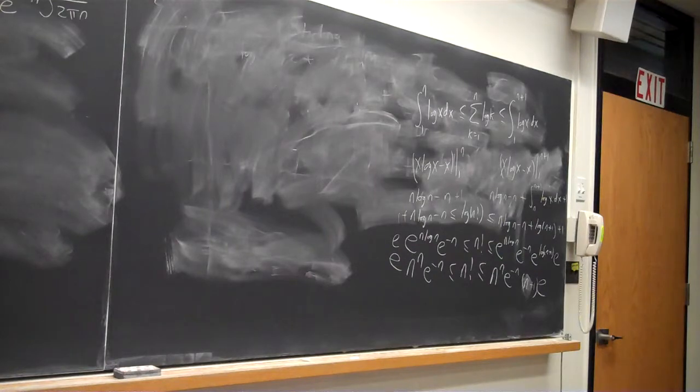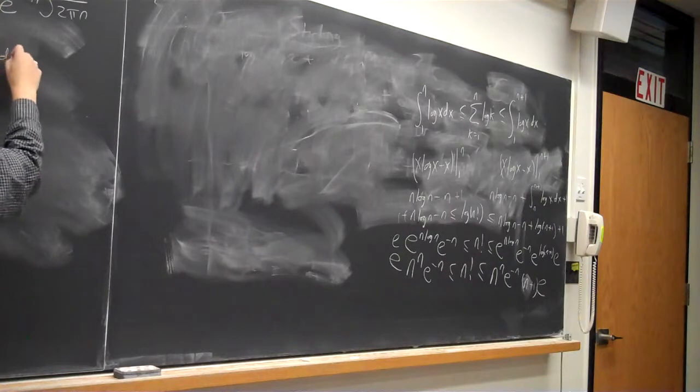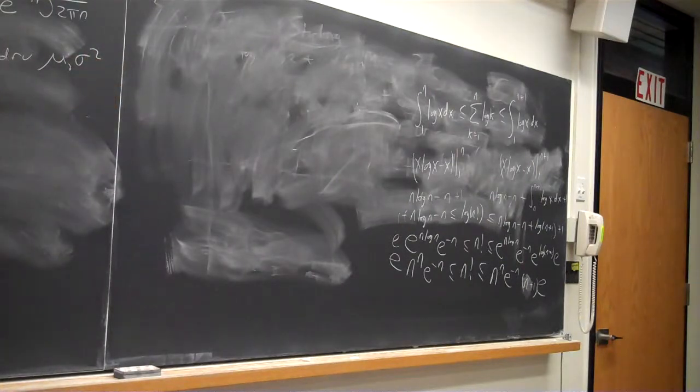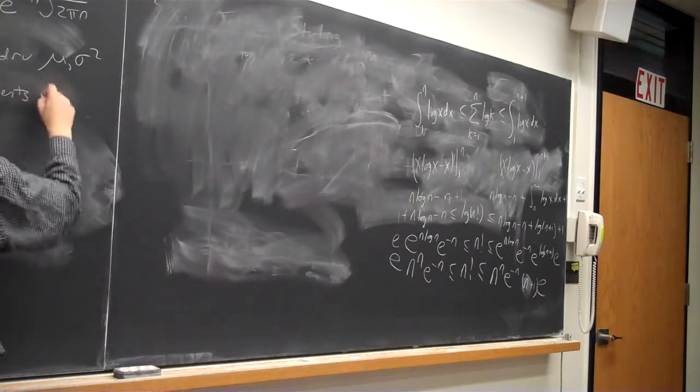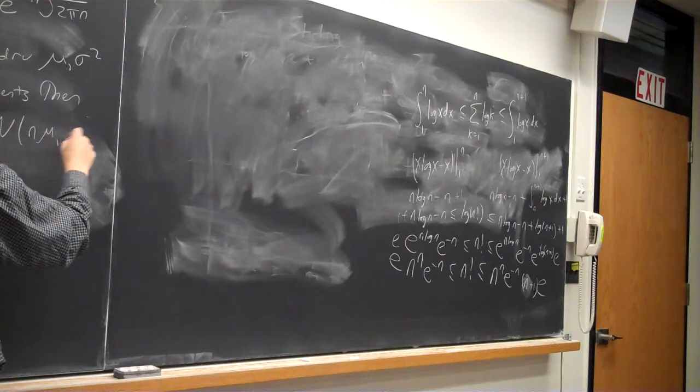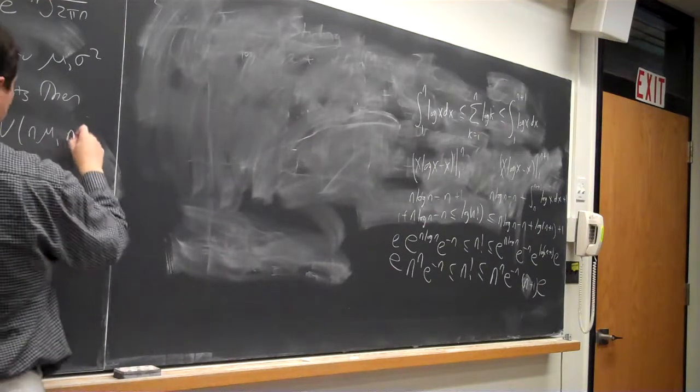And CLT is x1 through xn iid, with mean mu, variance sigma squared, finite higher moments, then x1 plus through xn is approximately normally distributed with mean n mu and variance n sigma squared.